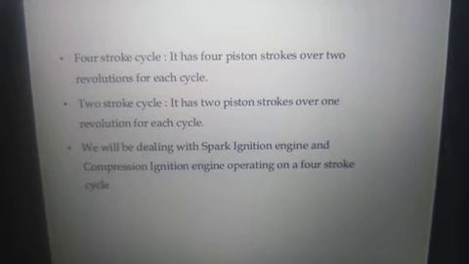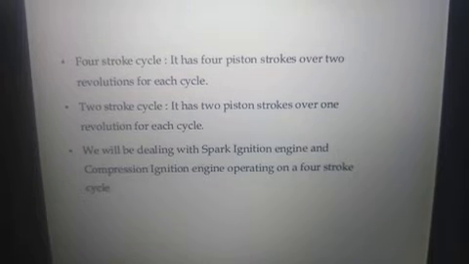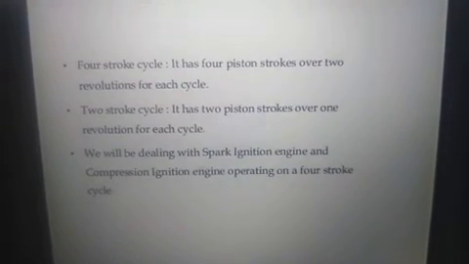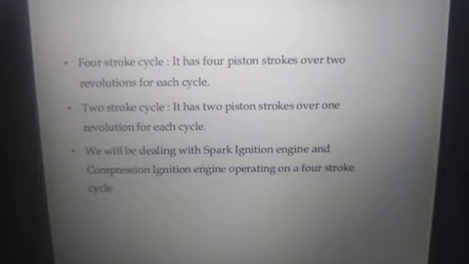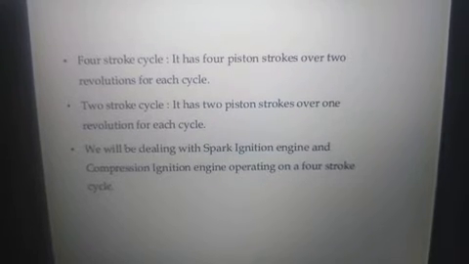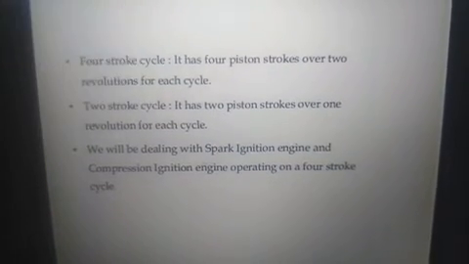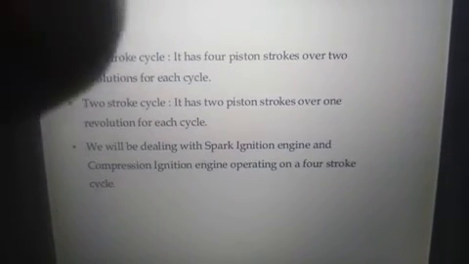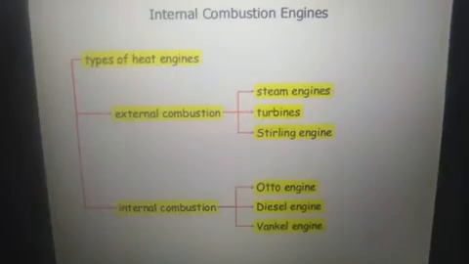One revolution consists of 360 degrees, and another 360 degrees. The 2-stroke cycle has 2 piston strokes over 1 revolution of each cycle. Now, we will be dealing with the spark ignition engine and the compression ignition engine operating on the 4-stroke cycle.